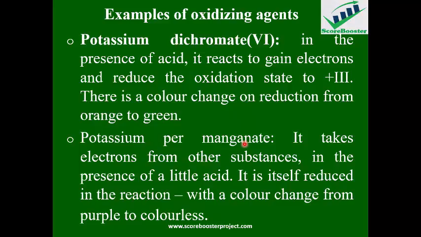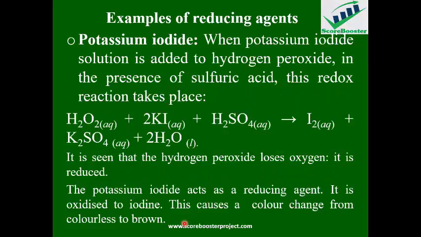During the reaction, the oxidation state changes to 2 because it usually accepts 5 electrons. Manganese at the 2 oxidation state is usually colorless. That tells us that the reaction has taken place.